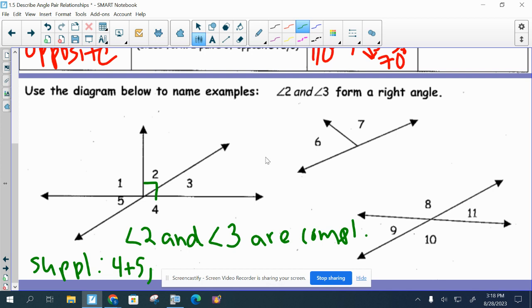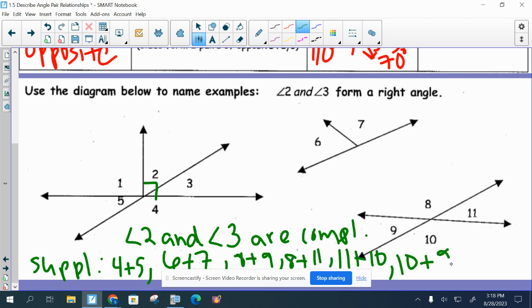Then 6 and 7. I'm just going to name pairs. And then over here we've got a bunch: 7 and 8, 8 and 9, 8 and 11, 11 and 10, and 10 and 9.